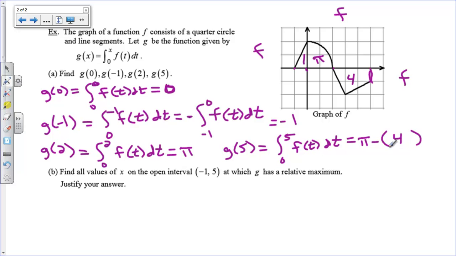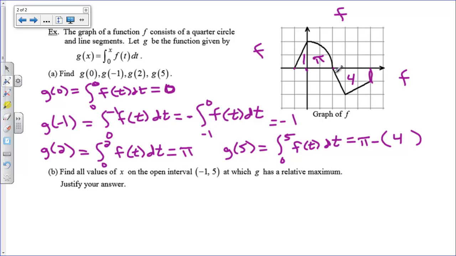And pi minus 4 is going to be less than 0. I'm going to need to know that in a little bit. Pi is 3.14159, blah, blah, blah. We subtract 4, we're going to get a negative value, but we're not going to quite get back to negative 1. So let's stop for just a second and understand what happened. G is an integral of f, so g actually increased from negative 1 to 2, and it increased a value of pi plus 1.